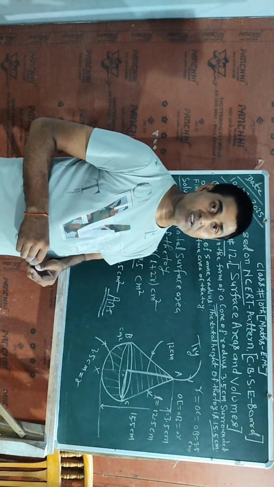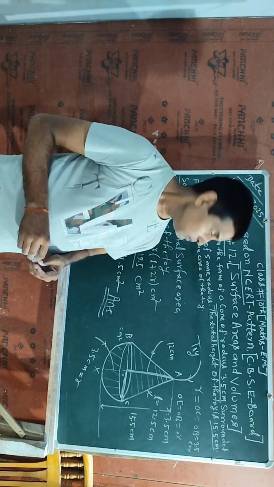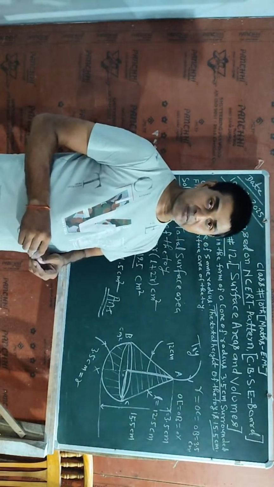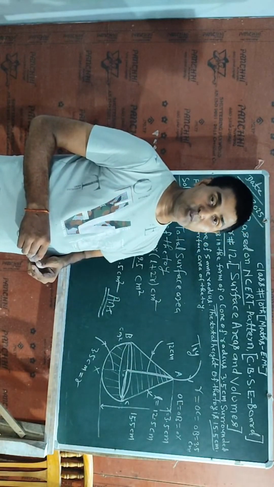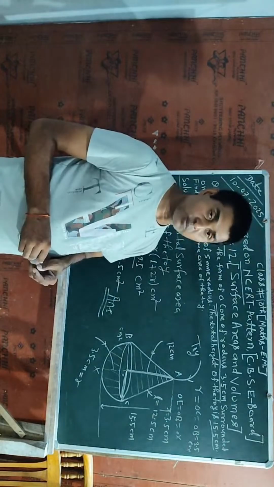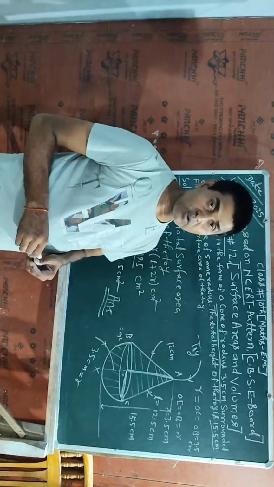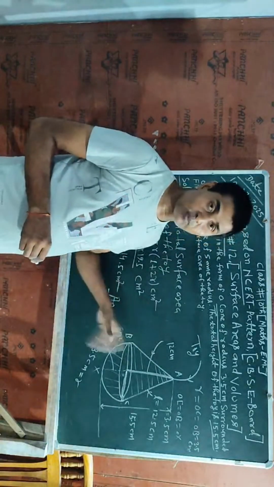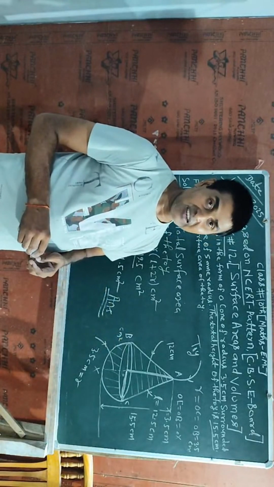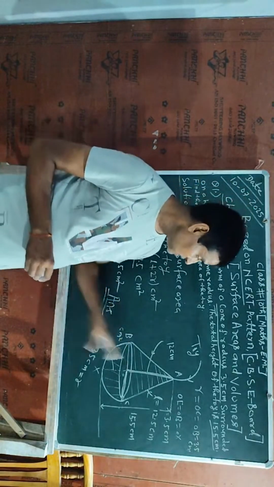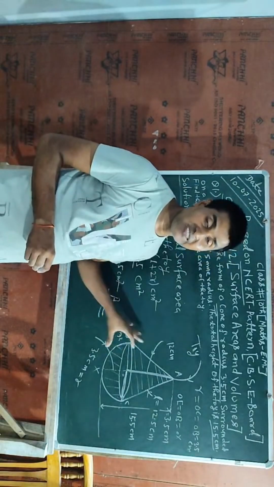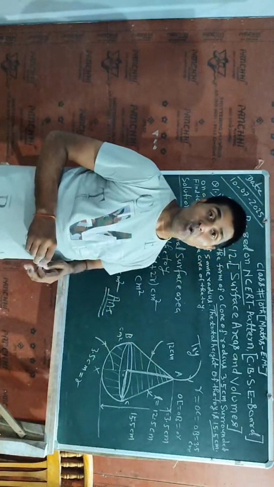Concepts are same, but difference is only language, because in CBSE board English medium is used, and in UP board Hindi medium is used, but concepts are same. Okay, student, always you will listen, so after some time you will understand in detail. So this is important information, and this information you have to know positively.